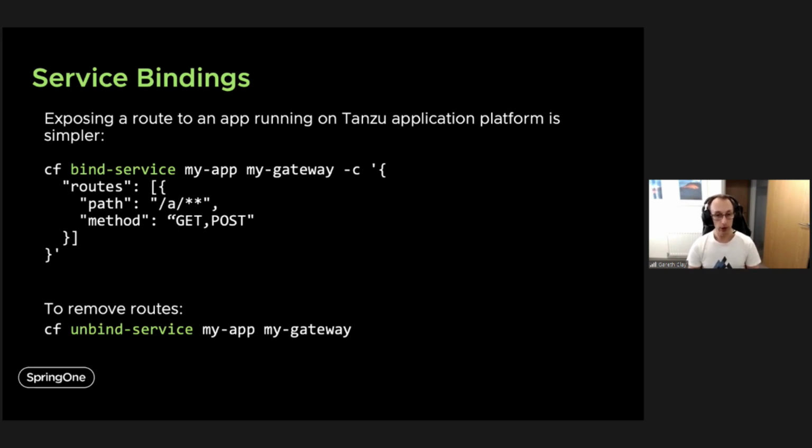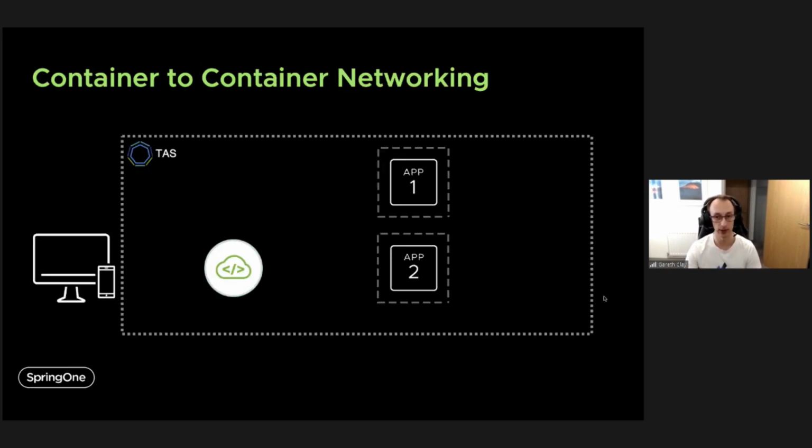But there's a little bit more going on behind the scenes that is less obvious than just configuring the routes. And that's to do with how we set up networking. So every app running on the platform can actually have more than one URI mapped to it. And those URIs can either be external or internal. So the external URIs can be accessed from outside of the platform, whereas the internal URIs can only be accessed by other apps running on the platform.